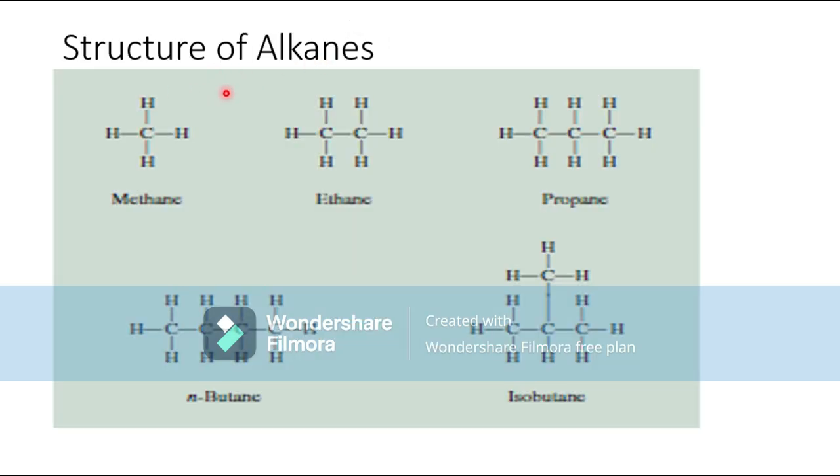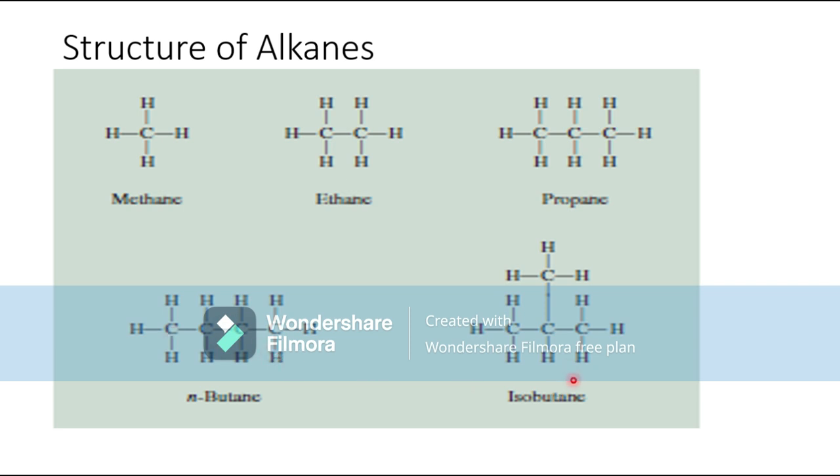Structure of alkanes. We have methane, which consists of 1 carbon and 4 hydrogen. We have ethane, that consists of 2 carbon and 6 hydrogen. We have propane, that consists of 3 carbon and 8 hydrogen. We have n-butane, which means normal butane, a butane of a straight chain, which consists of 4 carbon and 10 hydrogen atoms.